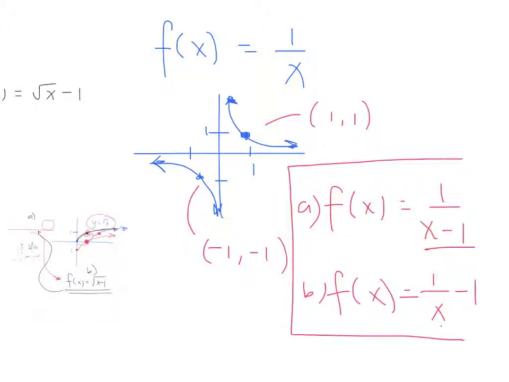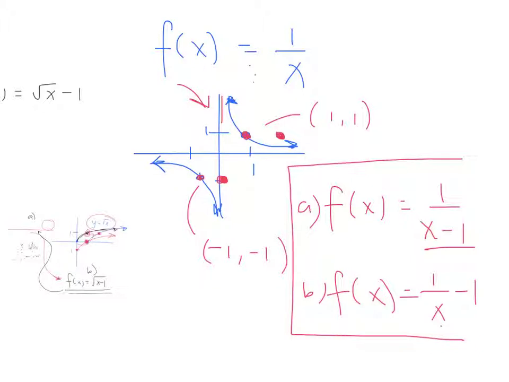So, in letter A, I'll create a red graph. That's for letter A. 1 unit to the right means this point will move 1 unit to the right. This point will move 1 unit to the right. So if you're moving everything 1 unit to the right, this axis will be moving by 1 unit.